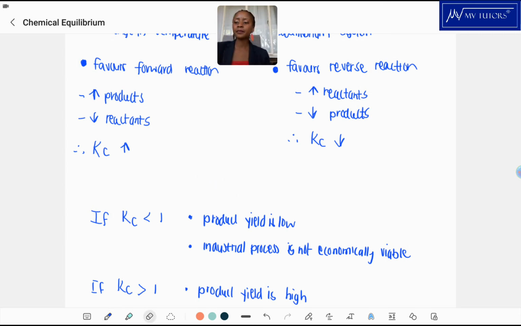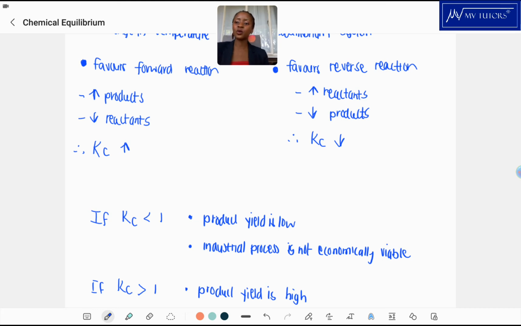If it's quite low, we're getting back to the term yield. It means that your product yield is low. So if you are hoping to produce a certain thing and you see that your Kc value is less than 1, please don't continue with this. You're not going to get a lot of product, meaning you're not going to sell much. The product yield will be low and the industrial process will not be economically viable.